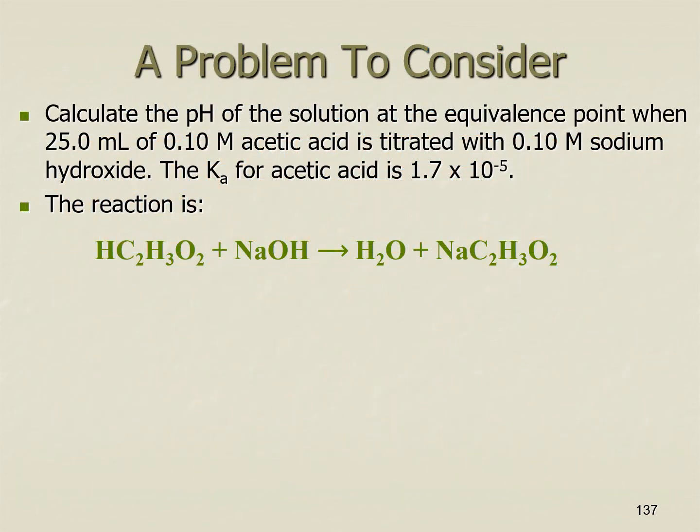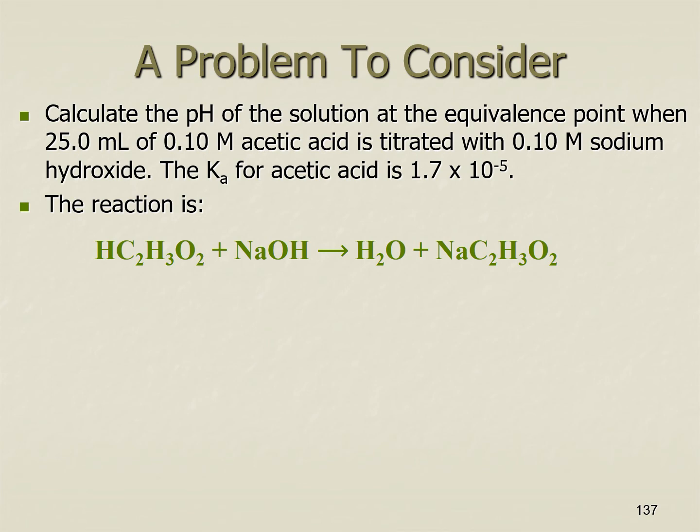So if you want to calculate the pH at an equivalence point when you have a weak acid, it's actually not much different from what we've done before, but it can get very complicated. So here is our titration curve. We have acetic acid titrated with NaOH.